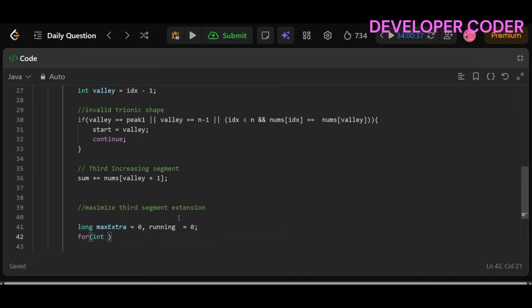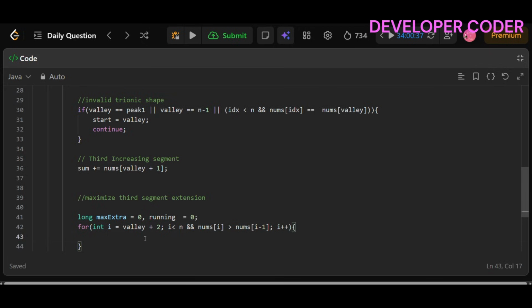And here I am starting from value plus 1. I have already added the sum, and now I'm starting from value plus 2. So the loop starts from int i is equal to value plus 2, and here i is less than n, and nums of i is greater than nums of i minus 1, and I will just do i plus plus. That simply means it's increasing.